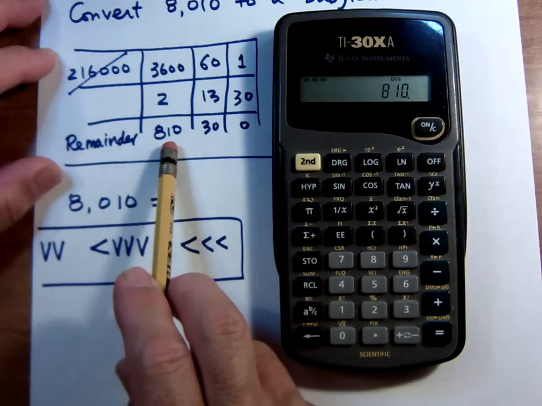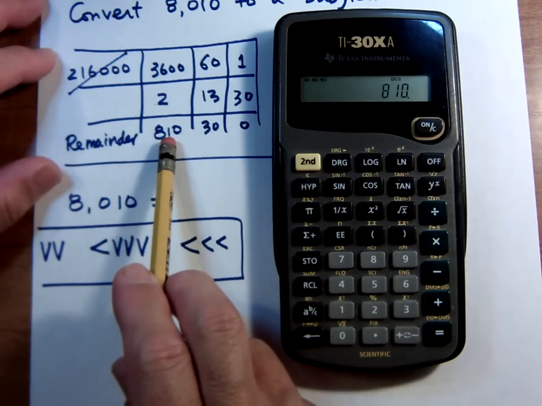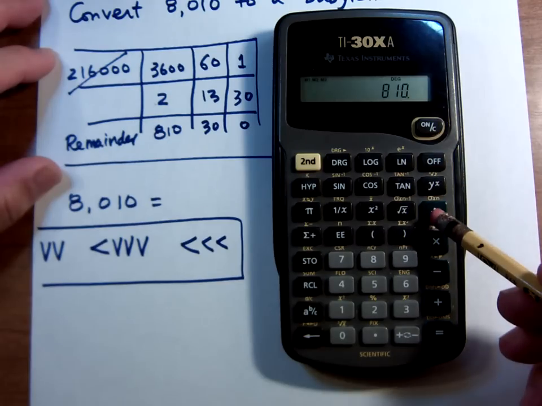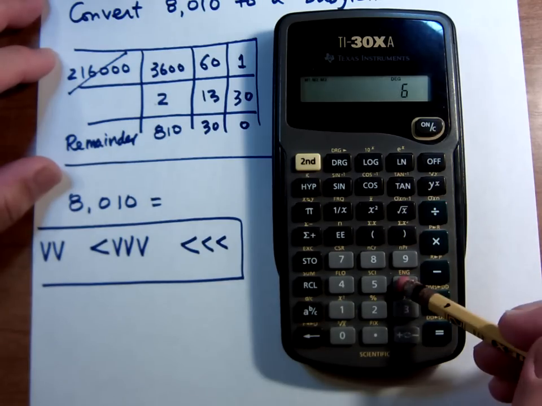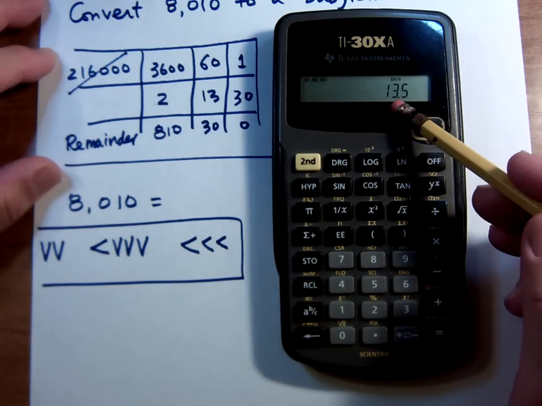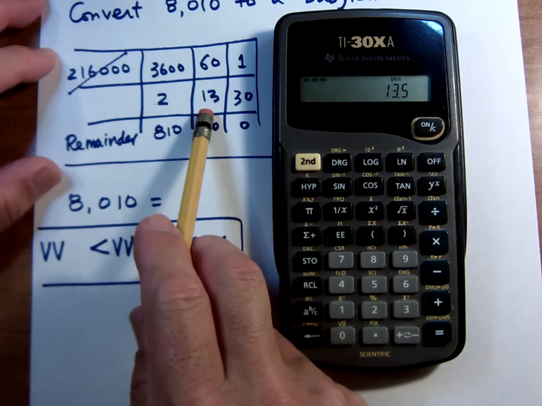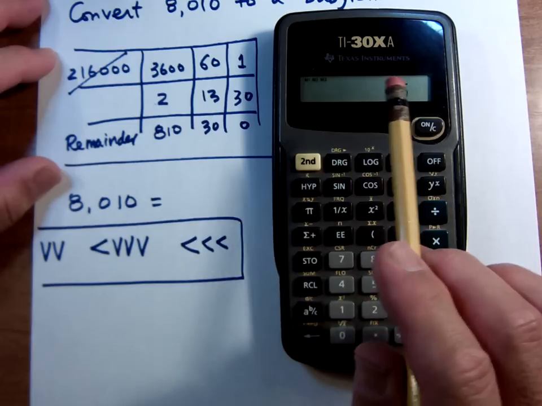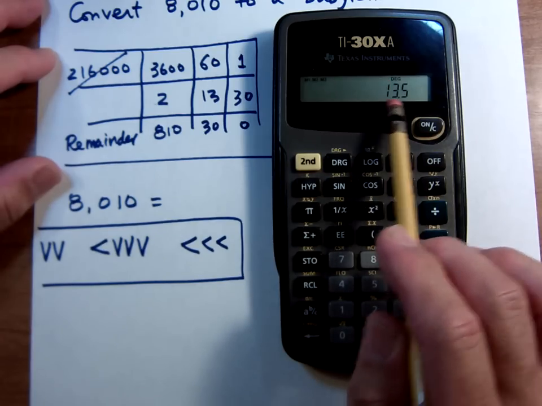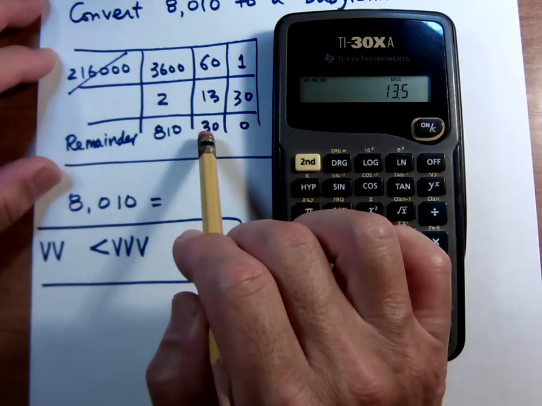We continue in this fashion. Now 810 needs to be divided by 60. 810 divided by 60 equals 13.5. That 13 is your quotient, and that leaves a remainder of 0.5, which is half, and half of 60 is simply 30.